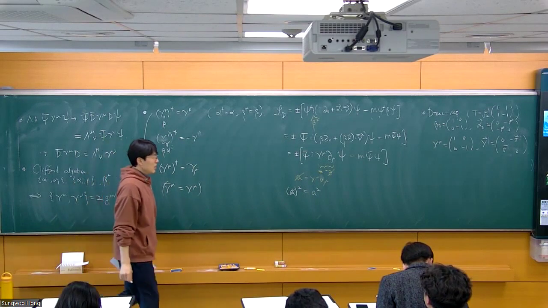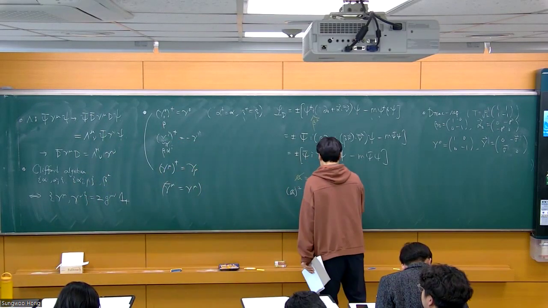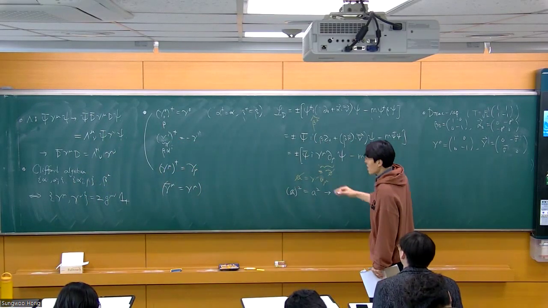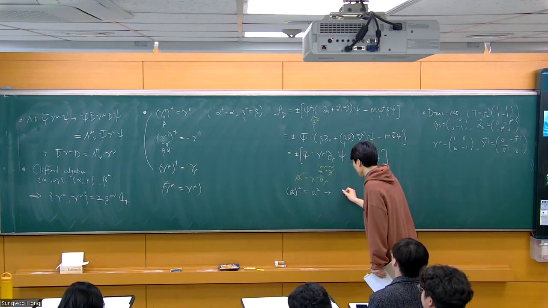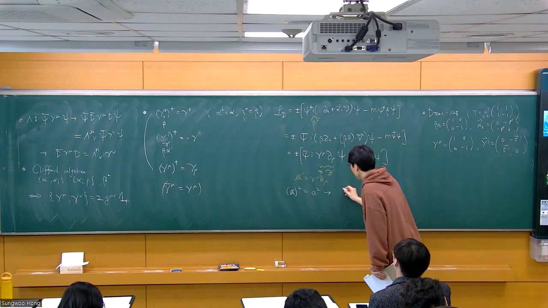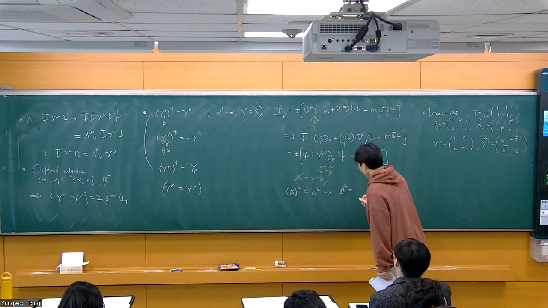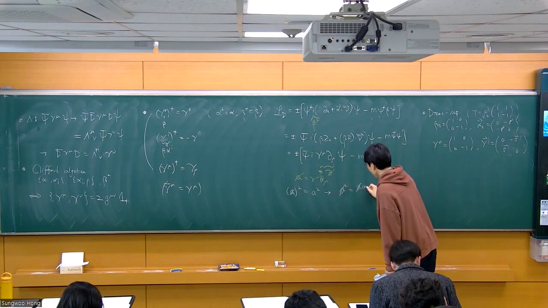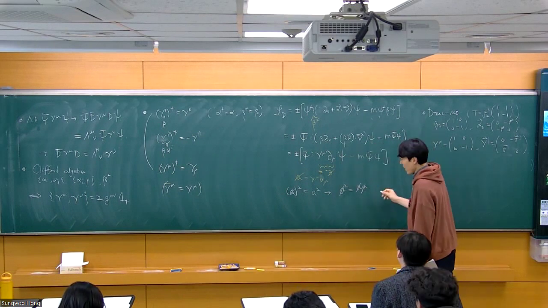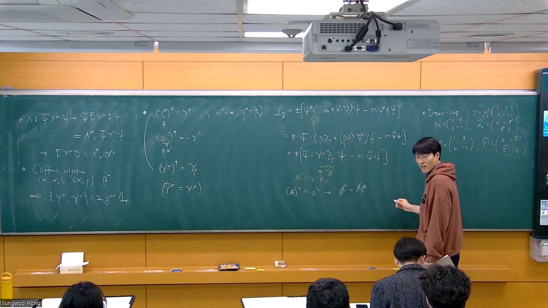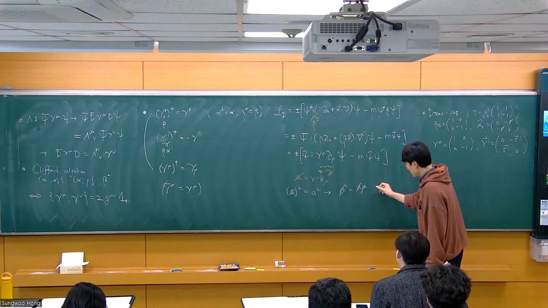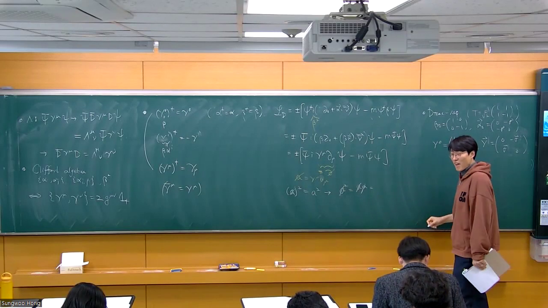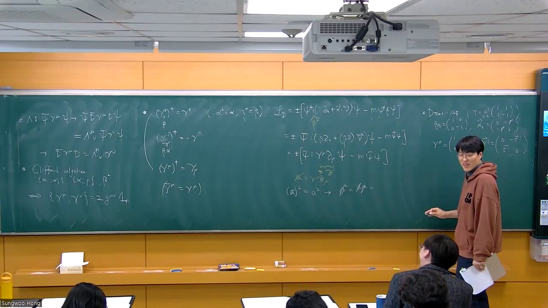For instance, A slash squared is A slash times A slash. Very good. That was the most non-trivial first step. Okay, everybody's with me? Then you're successful.